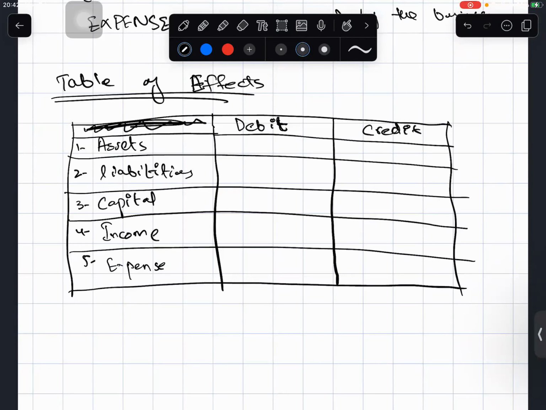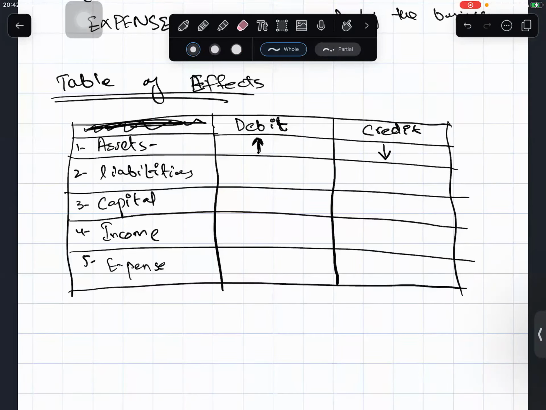For assets, whenever any account is increasing, like we talked about in our examples, inventory was increasing, cash was increasing, and you realize that increasing account is an asset account, you are always going to debit it. Always it is going to get on the debit side. And obviously the opposite would be if it's decreasing, it is always going to get on the credit side.